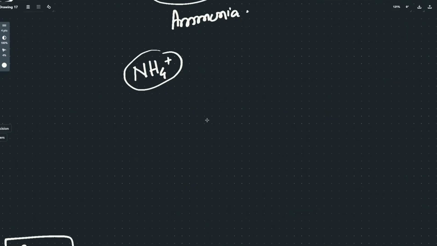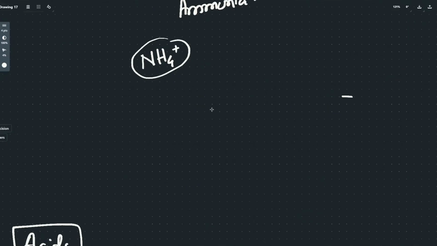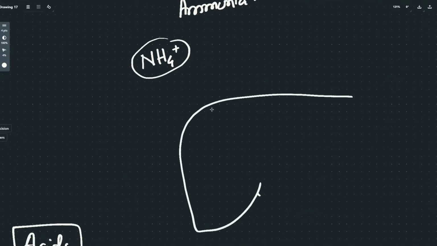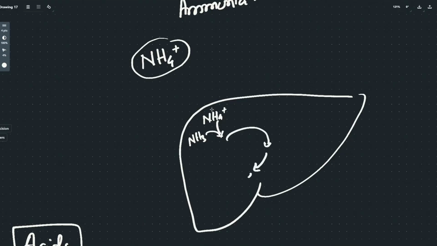Its level is increased. So what the liver does is that, fortunately, it picks up the ammonia, which is anyways in the form of NH4 positive, or even if some small amount in the form of NH3, it does not matter. The liver quickly funnels it through what we call the urea cycle, and it produces urea, which is not a very strong base or acid.